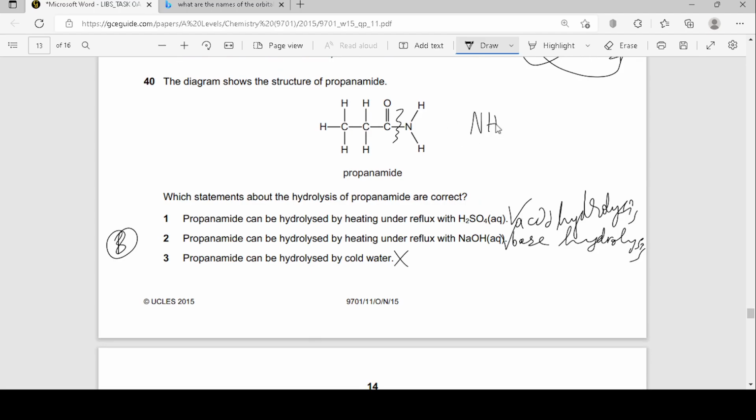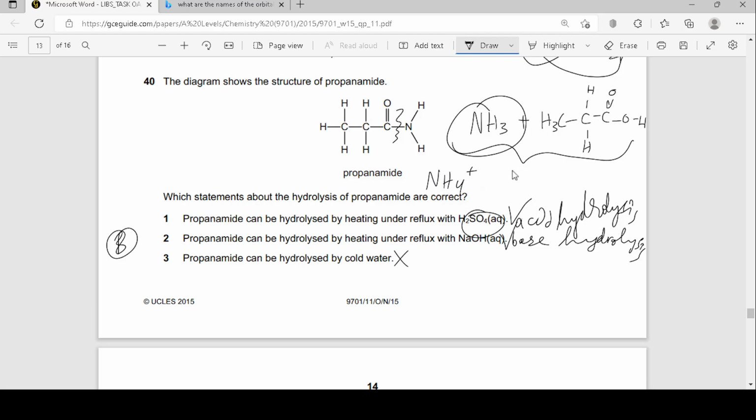Anyways, that breaks, and so what do you get? You get NH3, and you get CH3CH2COOH, right? That is the rough thing you get, but with acid hydrolysis, since you're hydrolyzing with an acid, your NH3 will react with the acid to give you NH4 plus, and because you have H2SO4, you actually get (NH4)2SO4 plus your propanoic acid.